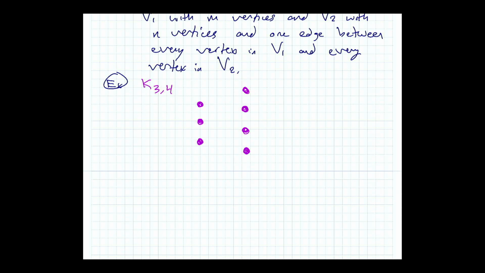And then all possible edges. So you connect this vertex here, here, here, here. Then you move down to the next one and you go here, here, here, here. And then you move down to the third one and you go here, here, here, here. And there you go. That's K34.